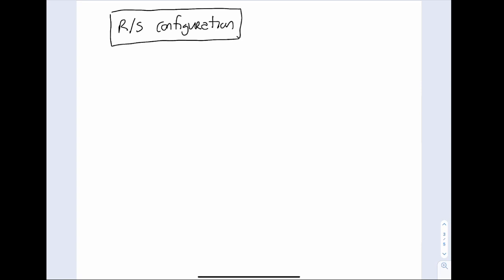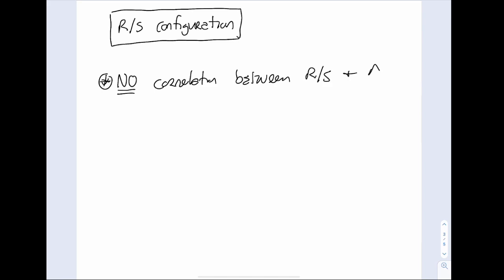R and S, we're going to figure that out by assigning priority to groups and looking at the order that priority is ordered in around my chiral center. So just be really careful not to get those mixed up. There is no correlation between RS and DL.